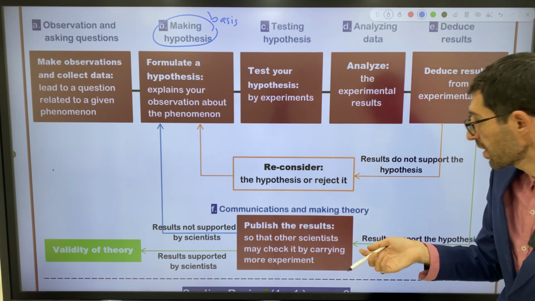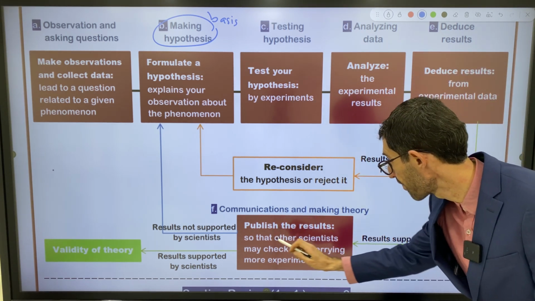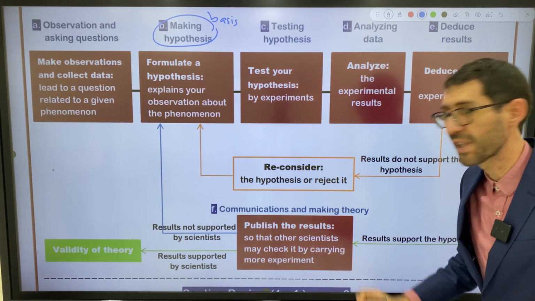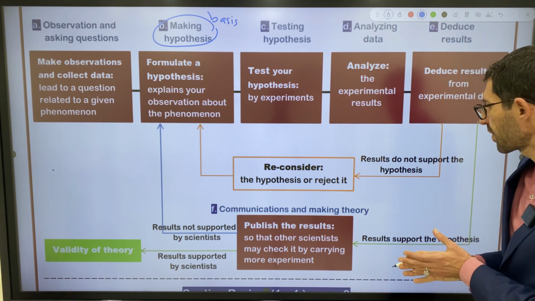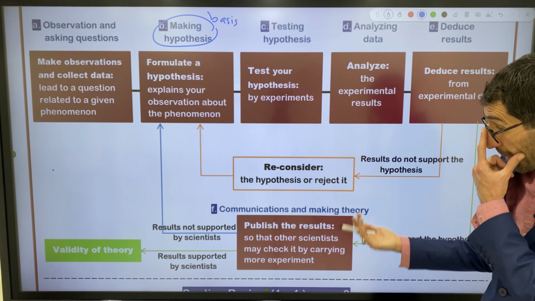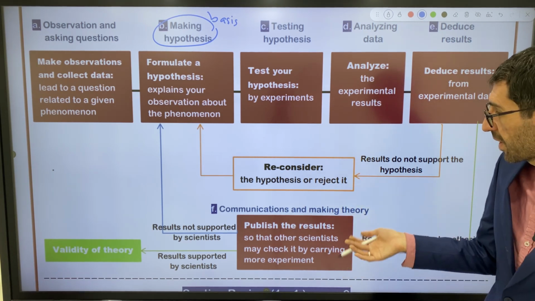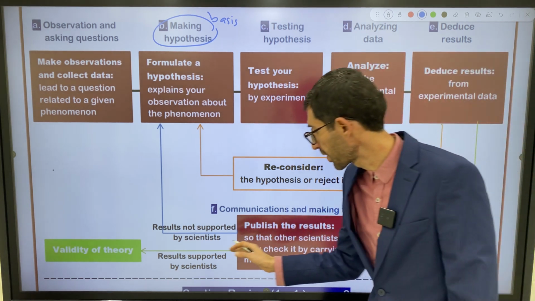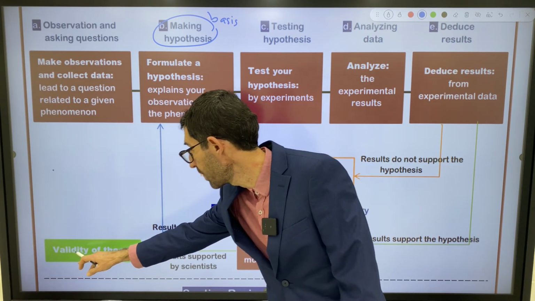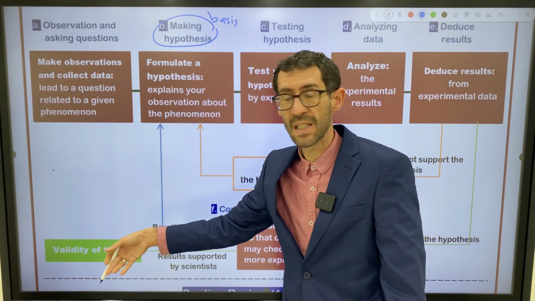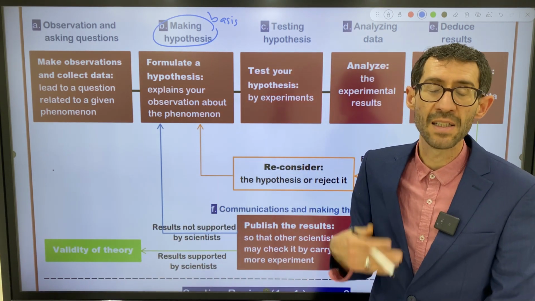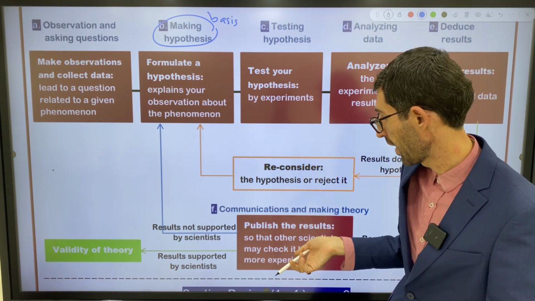It's ready to publish the results so that other scientists may check it by carrying out more experiments. After the hypothesis passes the controlled experiment, it becomes a theory. So the theory is now valid. The hypothesis turns into a theory, and it's no longer a hypothesis.